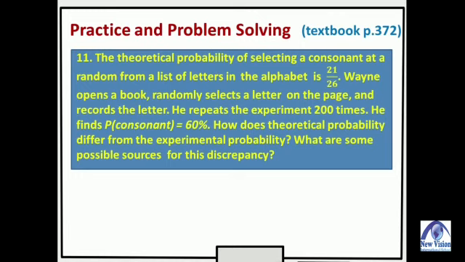He repeats the experiment 200 times. He finds the probability of selecting a consonant at random to be 60%. How does the theoretical probability differ from the experimental probability? What are some possible sources for this discrepancy?